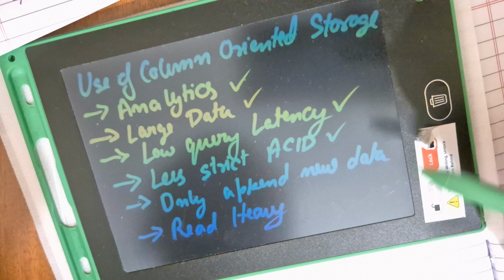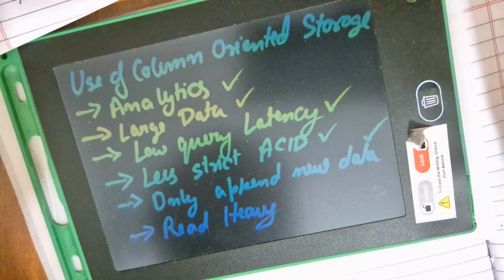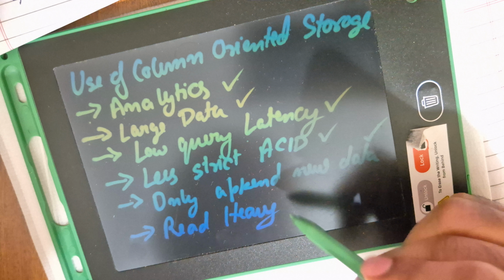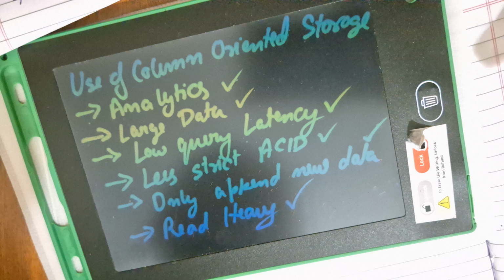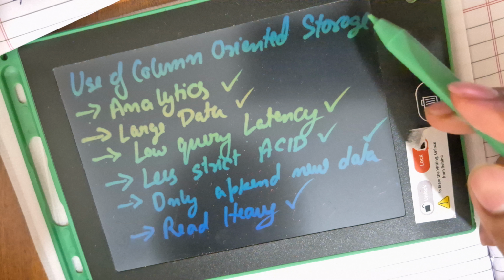Why do we store this index also? Because in column oriented storage, if we want to do a range query, the values will be sorted, in this case as per salaries.